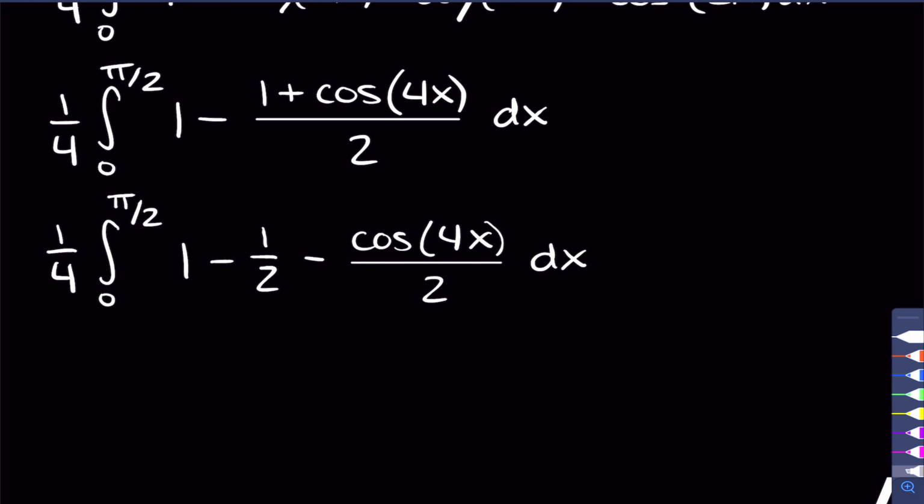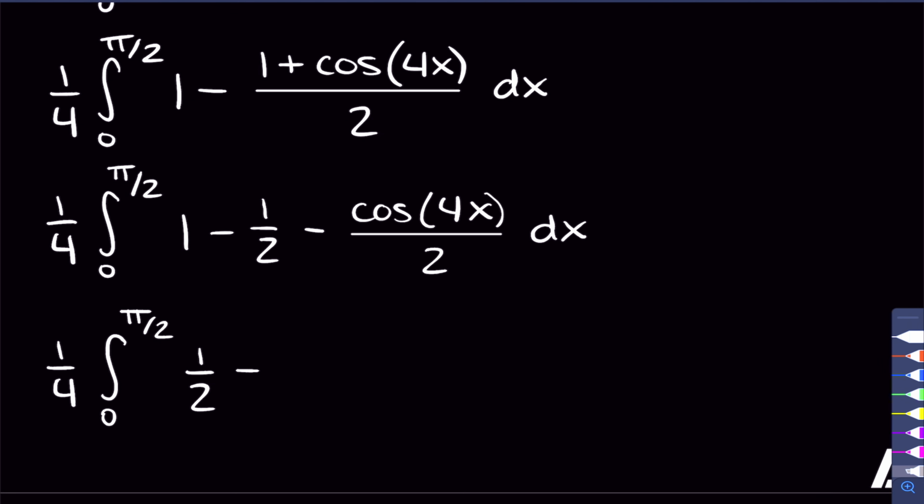Okay, and now I have a 1 minus a half, which I know is a half. So I get 1/2 minus cosine of 4x over 2 dx.